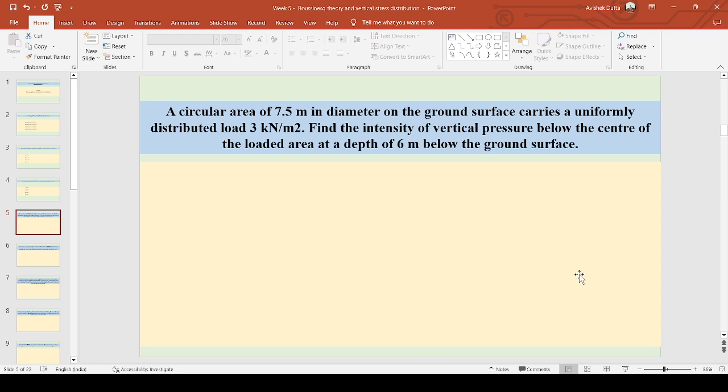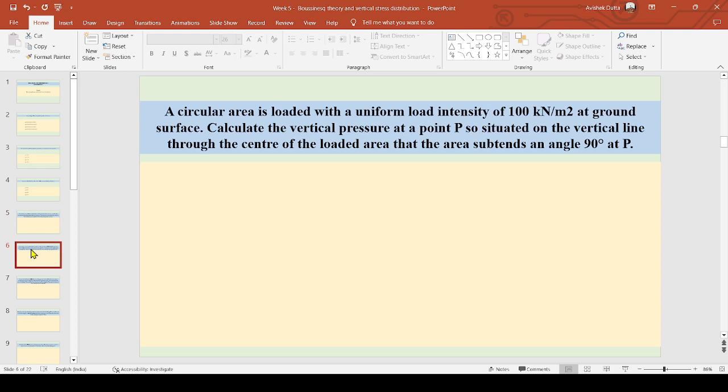The question is asking to find the vertical pressure directly below the center of the loaded area, at a depth of 6 meter. Next question.